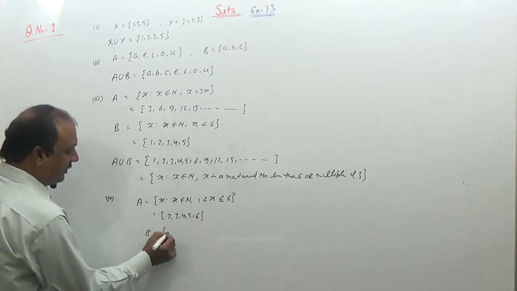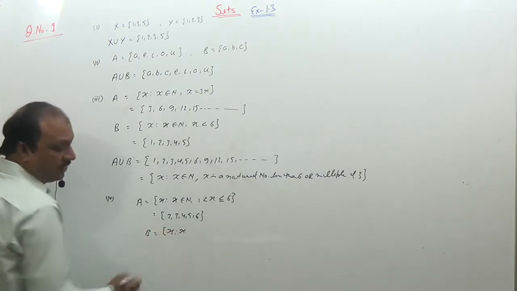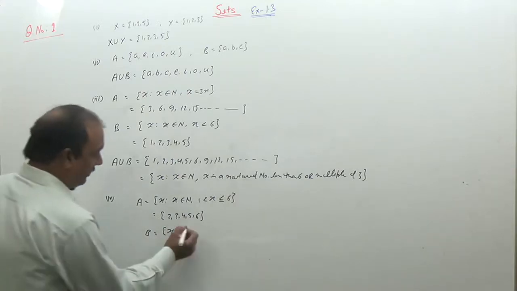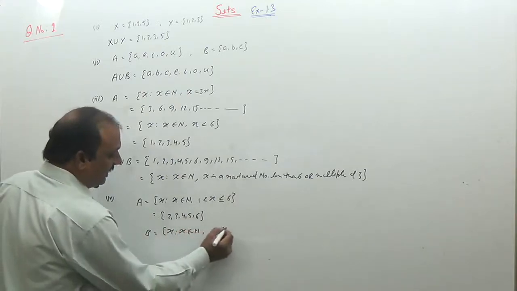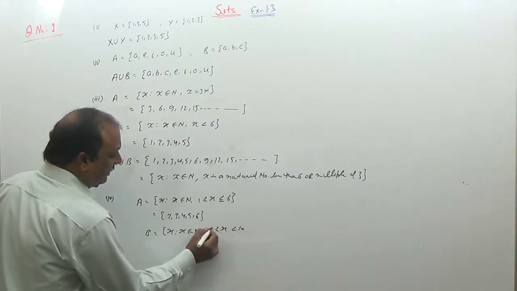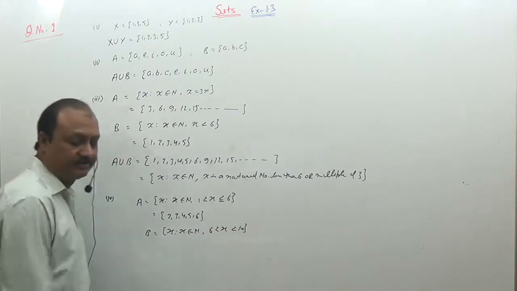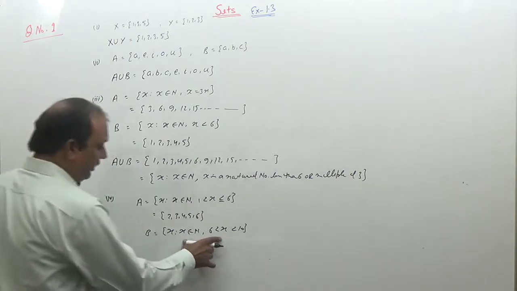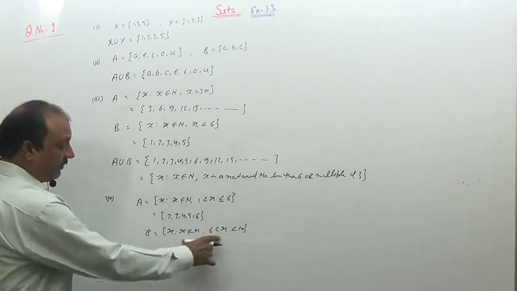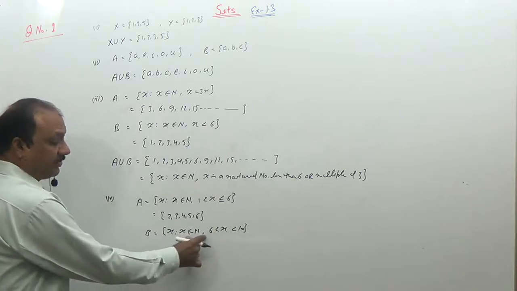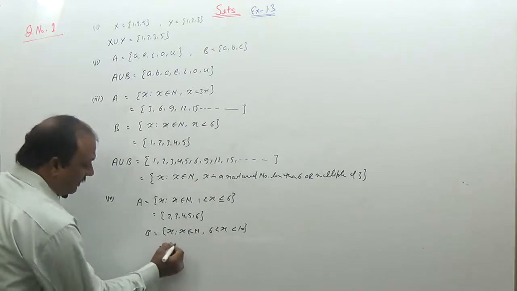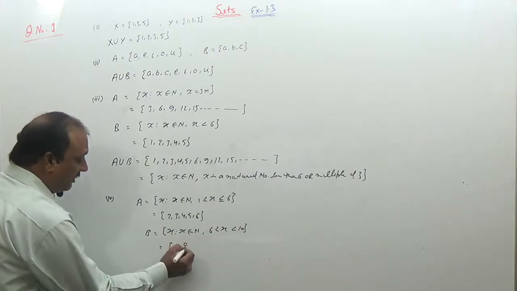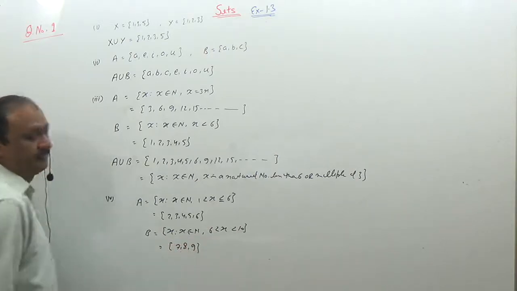And B is the set of elements X such that X is a natural number and X is less than 10 and greater than 6. So this is another set B. Write down its roster form: X is a natural number more than 6, that is 7, 8 and 9.